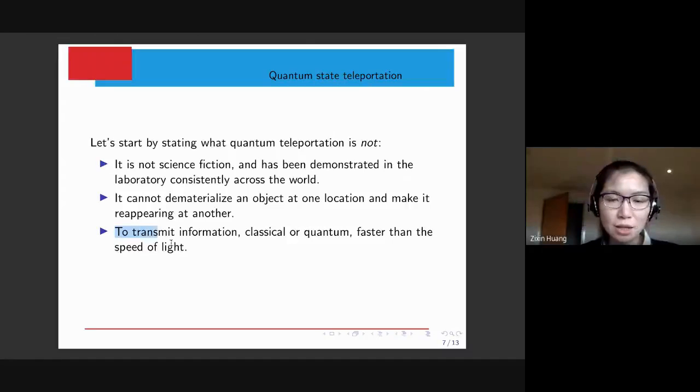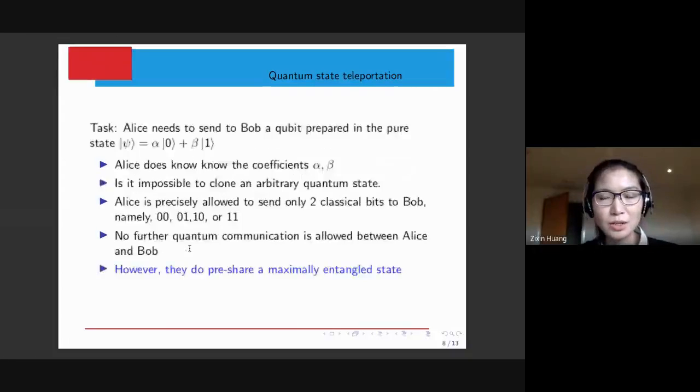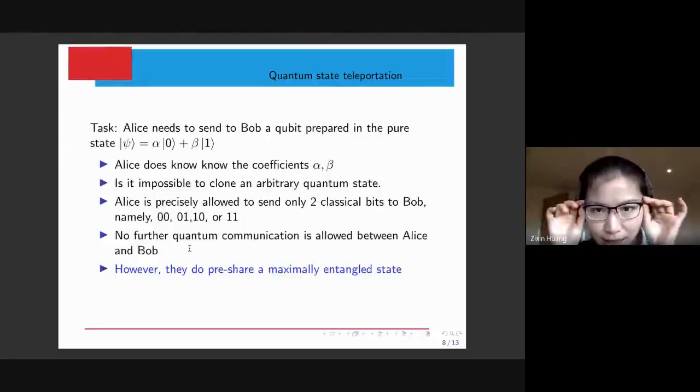And once again, it cannot transmit information, classical or quantum, faster than the speed of light. We will see at which step in the protocol exactly that prohibits superluminal communication. So this is the task.